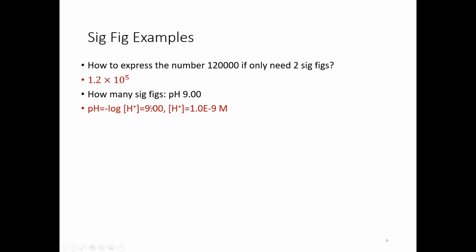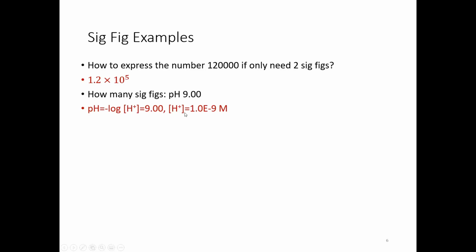And so if it's a log, then what's the 9 here? And of course it has a minus sign, so it's a minus 9. What's the minus 9 here? The 9 only represents the power part. So it has nothing to do with the sig figs.